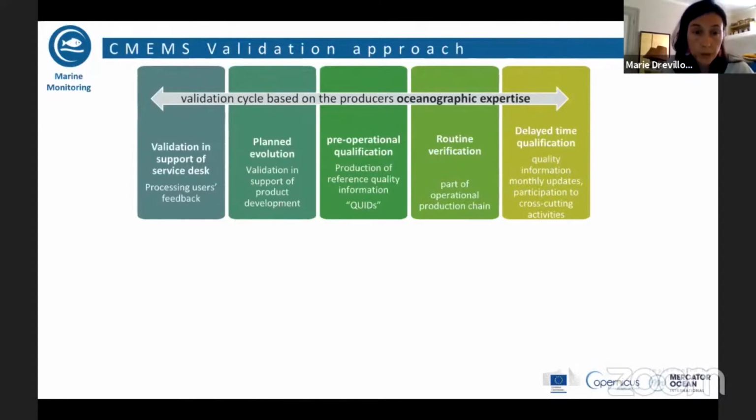We have a pre-operational qualification phase during which we issue reference documentation on the validation. We have routine verification, which is part of the production chain. And we have delayed time verification, delayed time qualification, which is used to produce updates of the quality information. And also it's the good time to participate to cross-cutting activities.